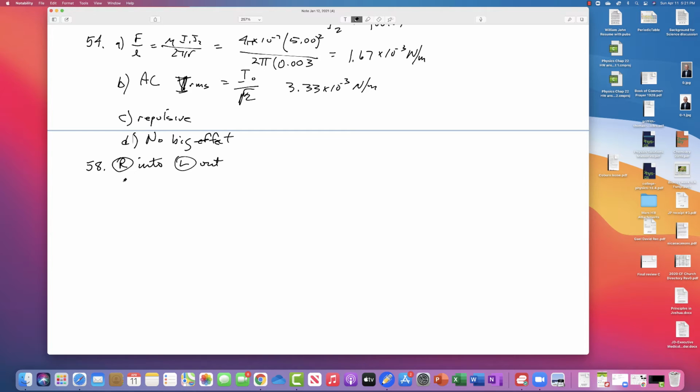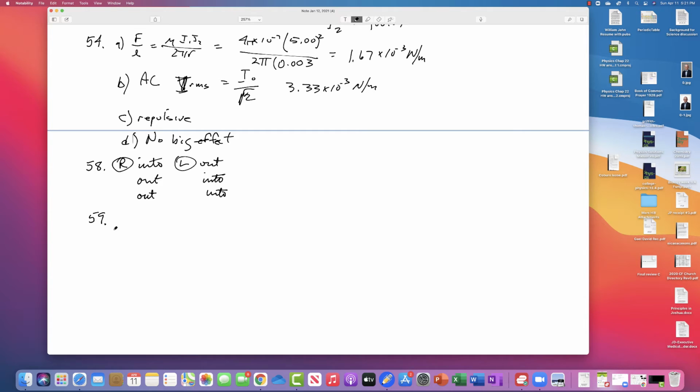So on the second one, on the right side, it's out, and on the left, it's into. And then C is the same as B, which means it's out on the right and into on the left. Now that's strictly because of convention, okay?